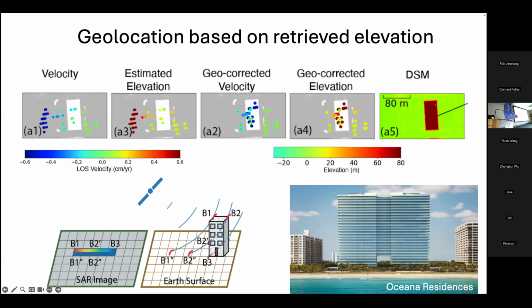If you look at the building itself, in this case, there's an opening. We estimate the elevation, we also correct it, and you end up with some pixels over here which are at 80 meters, and other pixels which are at 0 or 20 meters. What we think is happening is that those pixels are from the ground area, whereas others are on top of the roof.